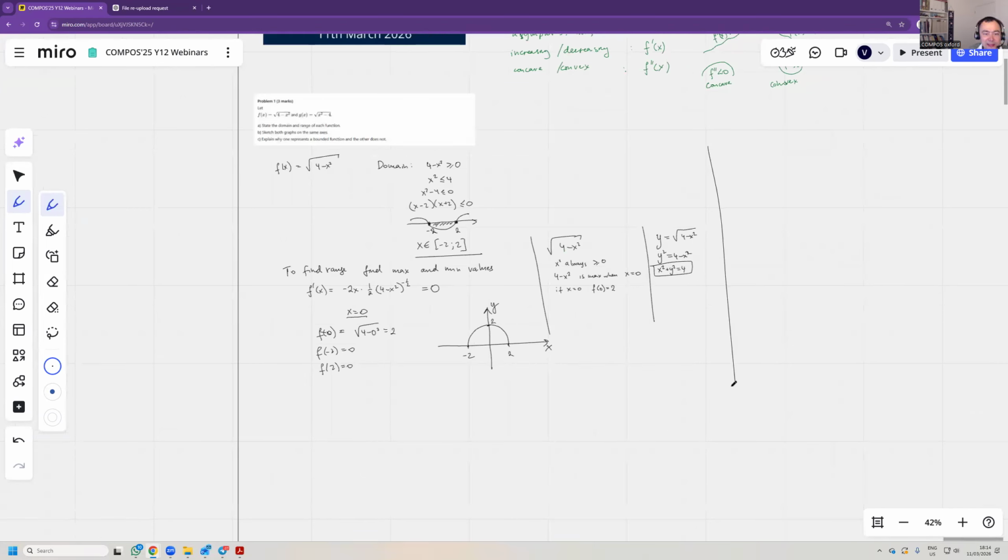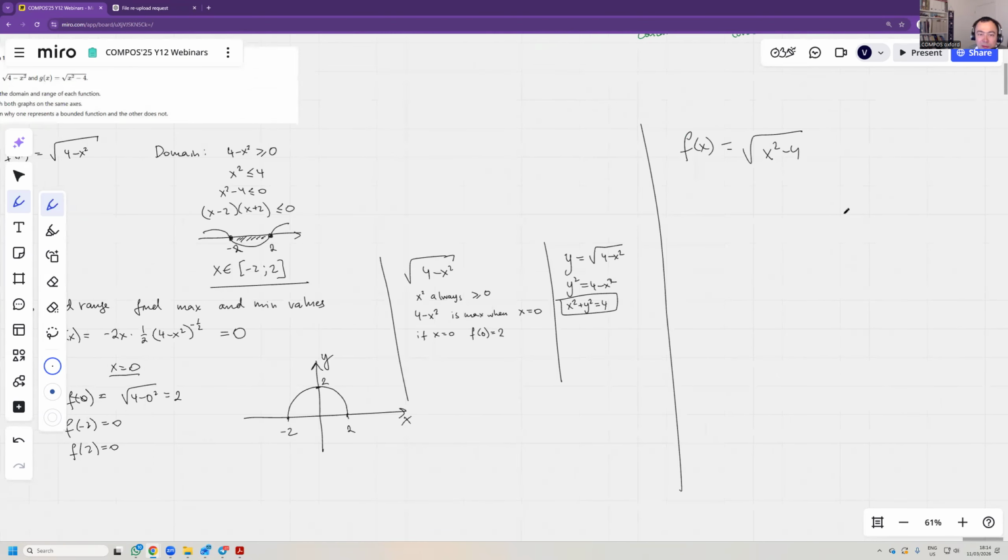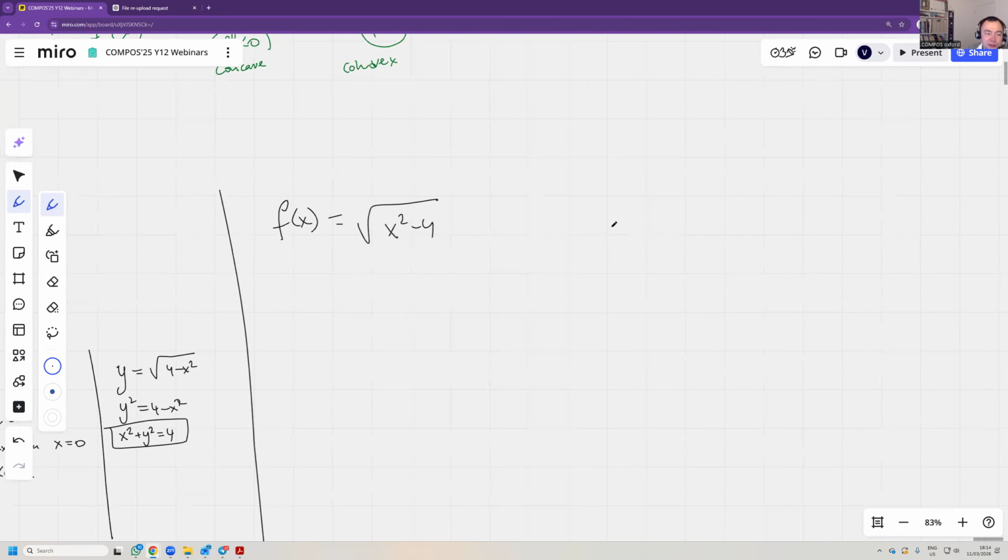And then the second one, f of x equals square root of x squared minus 4. Now, this is a slightly different story. So domain: x squared minus 4 must be greater or equal to 0. So x minus 2, x plus 2 must be greater or equal to 0.